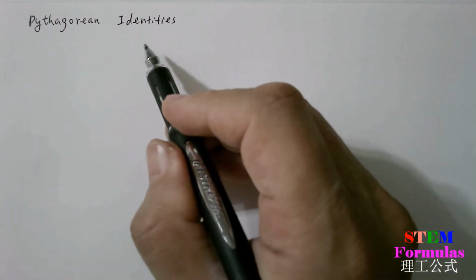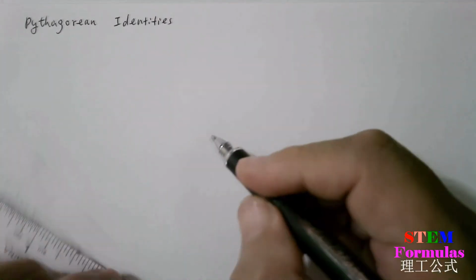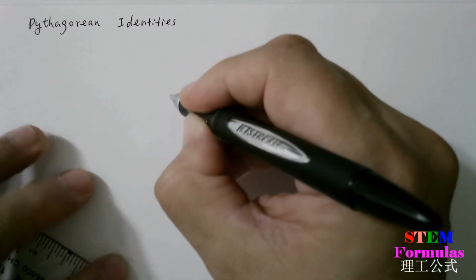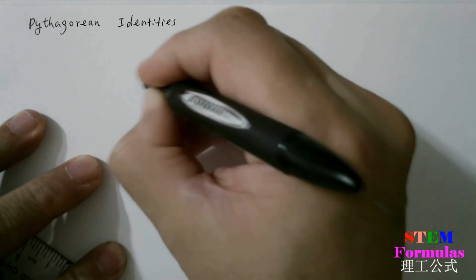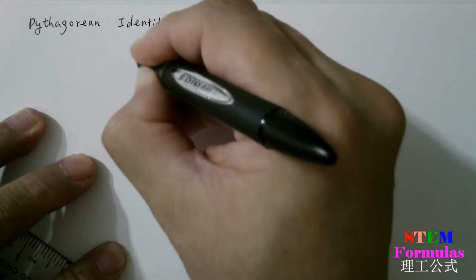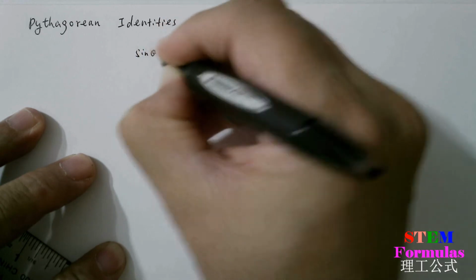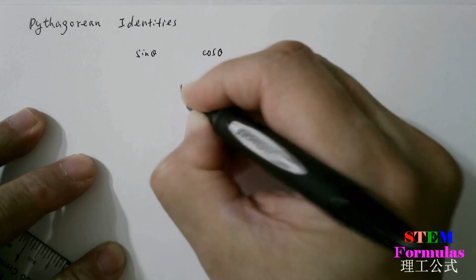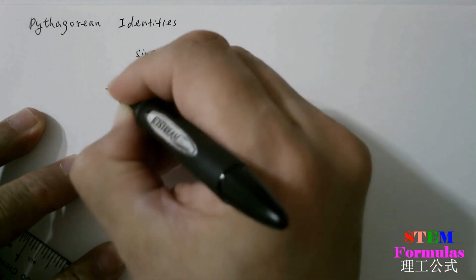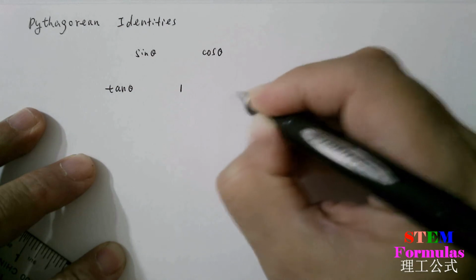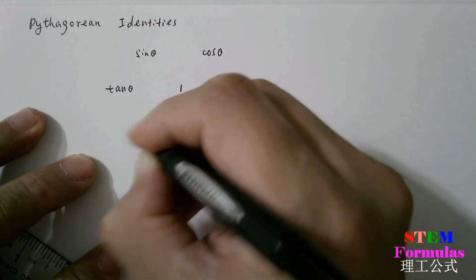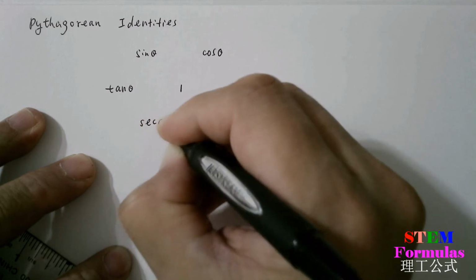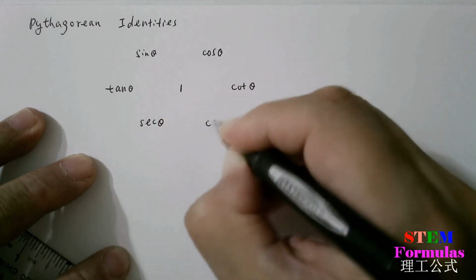Pythagorean identities. We use the same diagram. So sine theta, cosine theta, 1, tangent theta, cotangent theta, secant theta, cosecant theta.